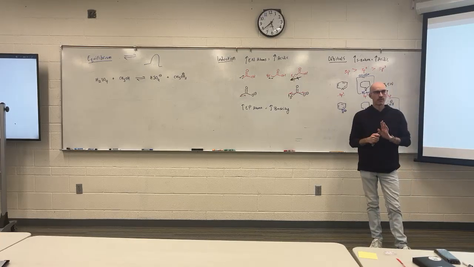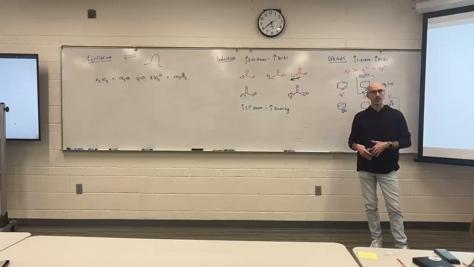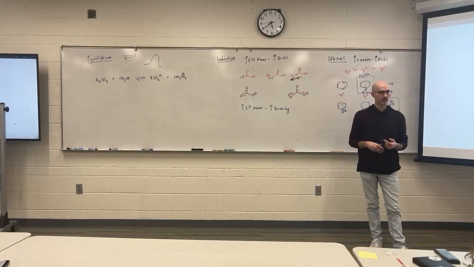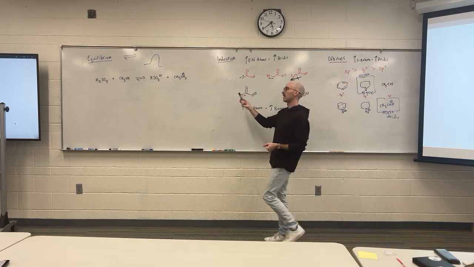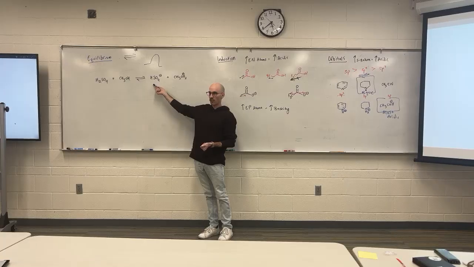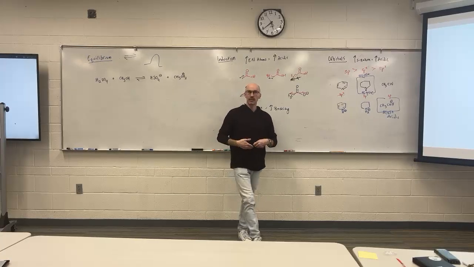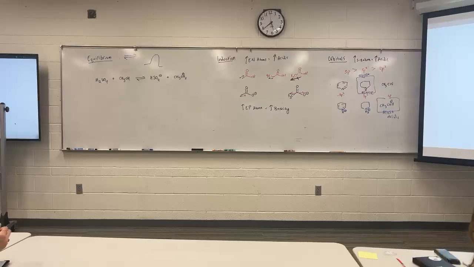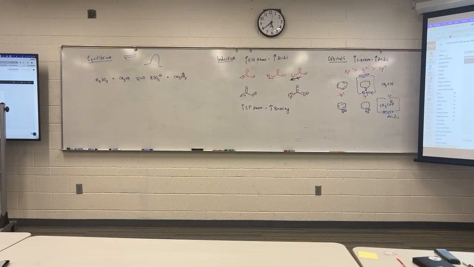This is equilibrium. As sulfuric acid runs into methanol, sulfuric acid donates a hydrogen, methanol accepts it. But as the methylammonium ion runs into bisulfate, the methylammonium can donate a hydrogen ion and bisulfate can accept it. So these reactions can go forward and backwards.